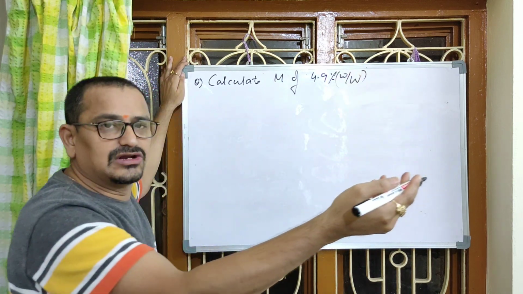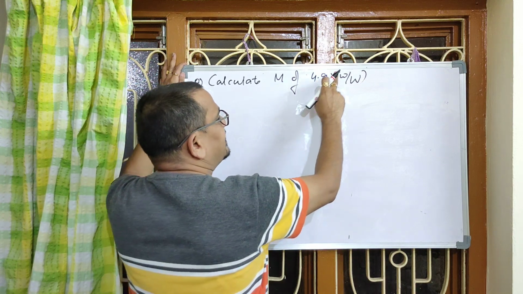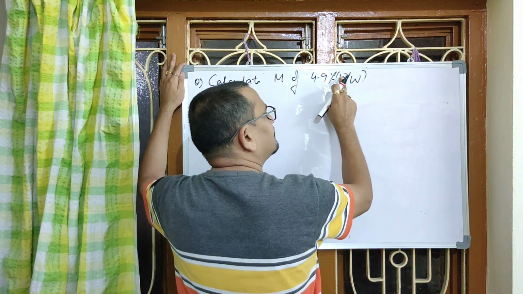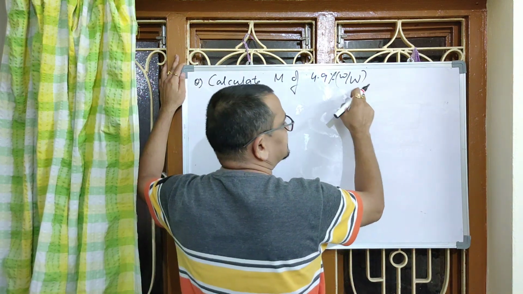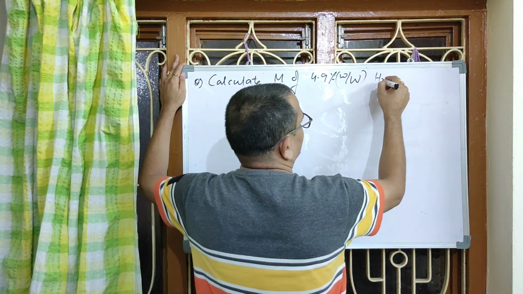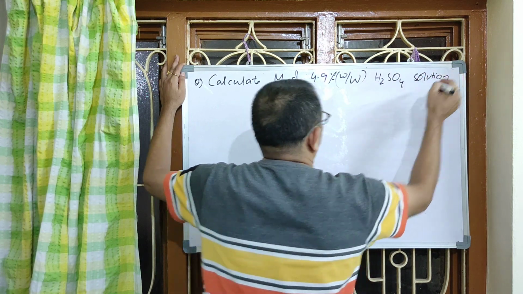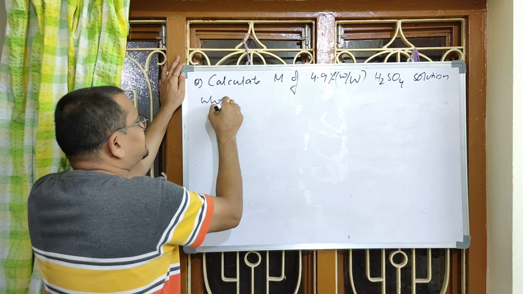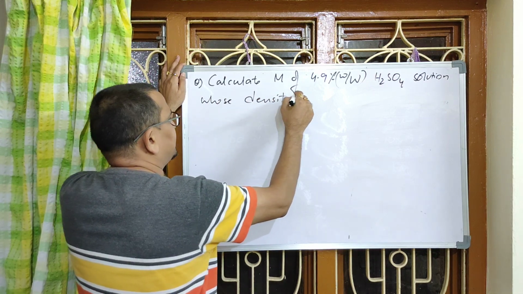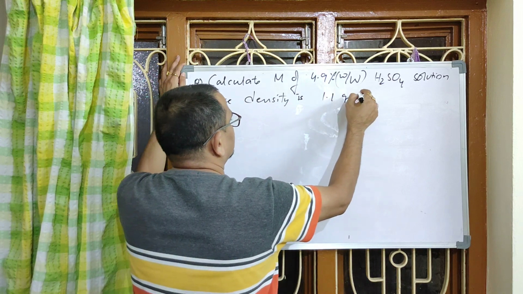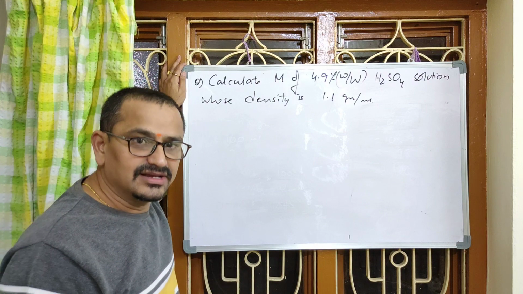We discussed volume, no? This time mass. Calculate molarity of 4.9% by mass or by weight, H2SO4 solution whose density is 1.1 grams per ml.